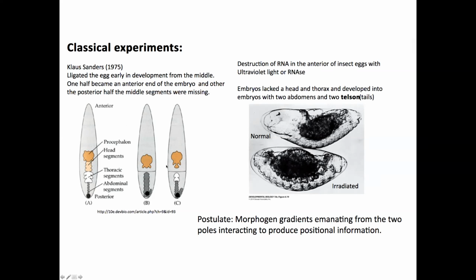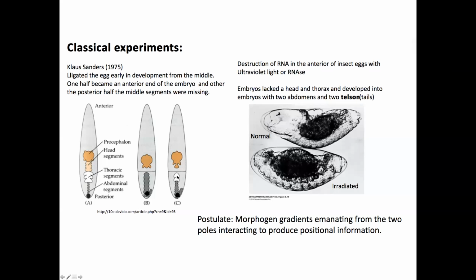If the same ligation is done a little later, you've given some time for the signals emanating from the anterior and the posterior regions of the embryo. Some interpretation has happened and some identity has been acquired, which is why some of the segments get specified.